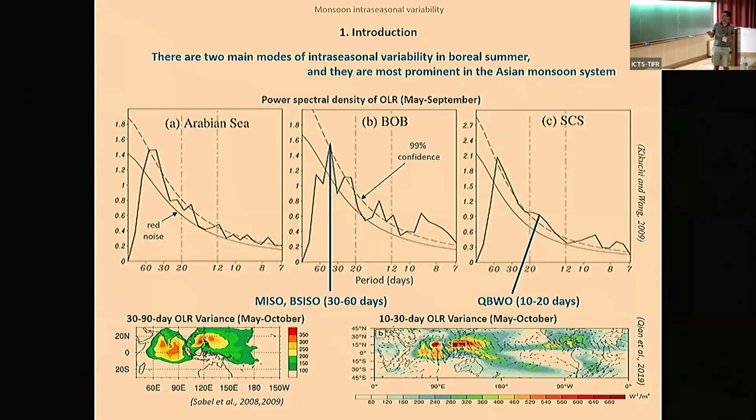It's the same thing here. You can see also that it happens a little more in other regions, which is a little less the case for the 30 to 90 day mode. So we've got those two modes that affect the whole of South Asia, and we're going to look at their characteristics and how we can try to explain them physically.